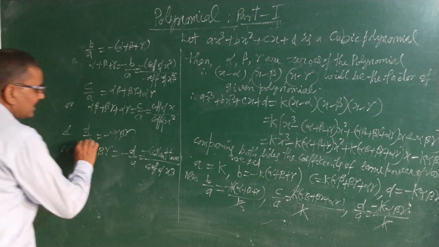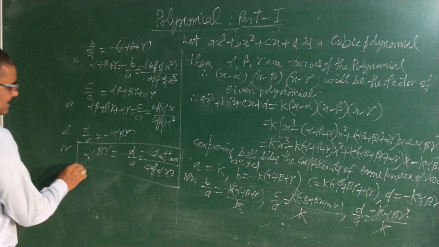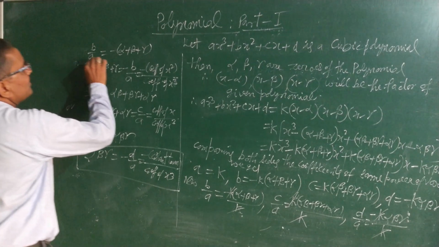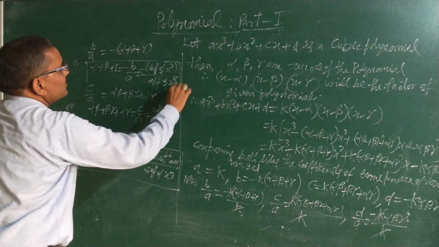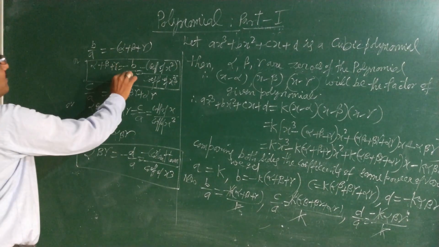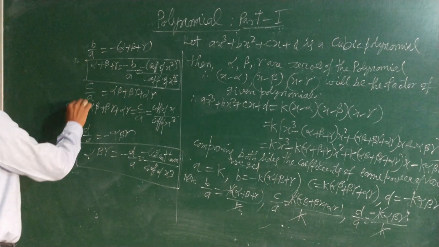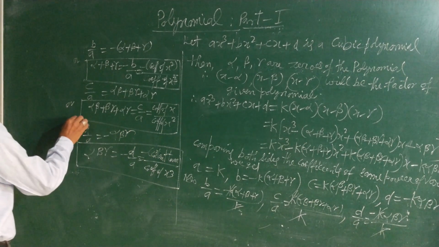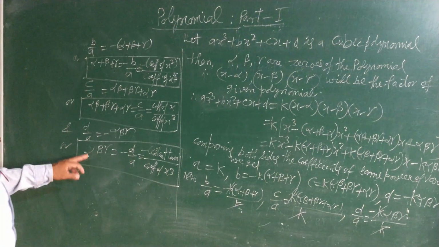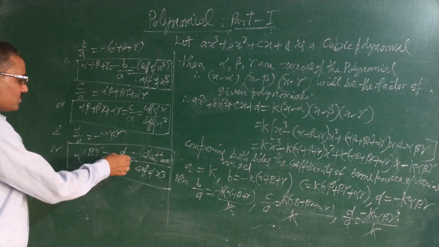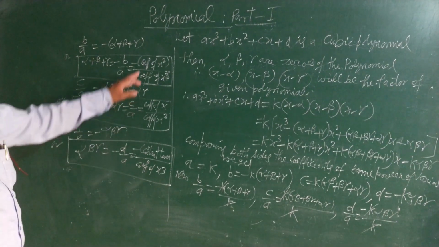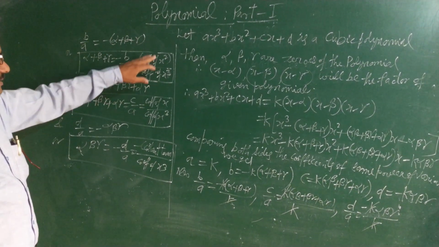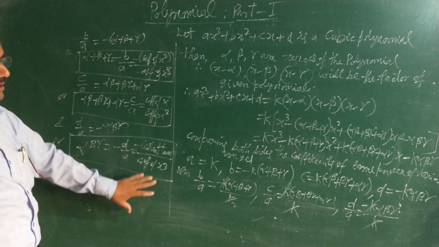There are three relations. One is alpha plus beta plus gamma, that is minus b upon a, and the second one is alpha beta plus beta gamma plus alpha gamma, that is c upon a. The third one is alpha beta gamma, that is minus d upon a, and the relation with their corresponding coefficients is also given here.